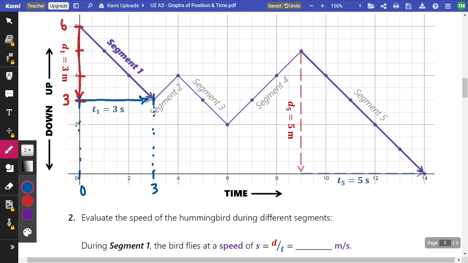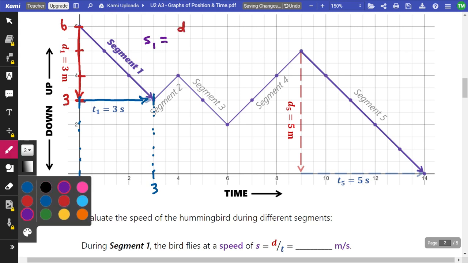So the speed of the bird during segment 1, I'm going to call S1, is going to be equal to the distance that the bird moves, D, divided by the time it takes for the bird to travel that distance.